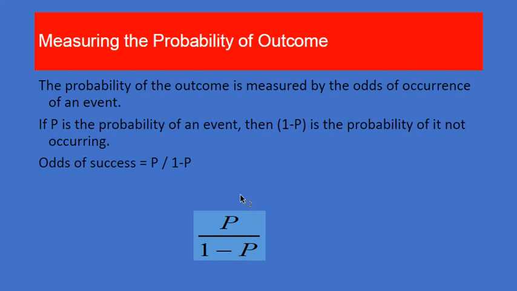If the probability of an event occurring is represented by P, then the probability that the event will not occur is represented by 1 minus P. In this way we can represent the odds of success as P over 1 minus P, where P is the probability of the event occurring and 1 minus P is the probability that the event will not occur.